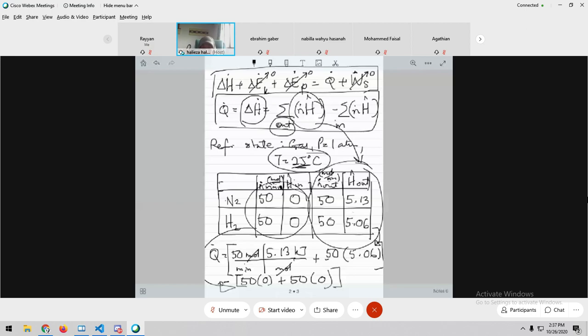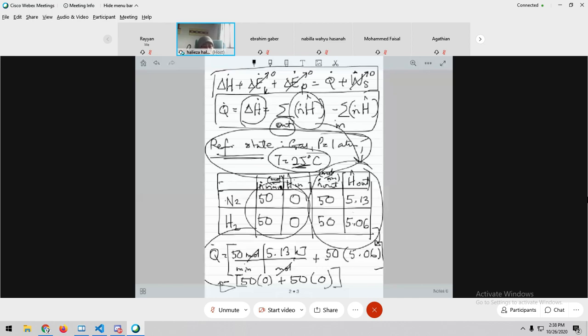When you do an energy balance, you need to specify the reference state. Do not forget to specify your reference state. You need to write it down. If you're getting your enthalpies from a certain table, your reference state must be the same as that table. You cannot choose a different reference state.